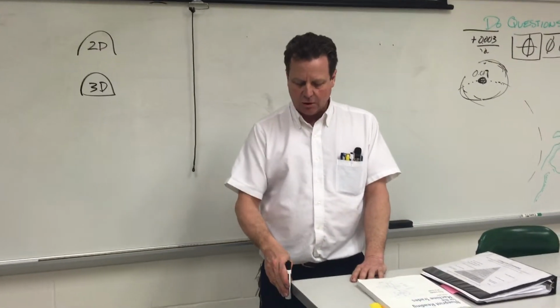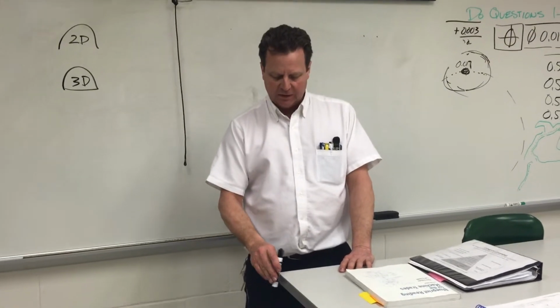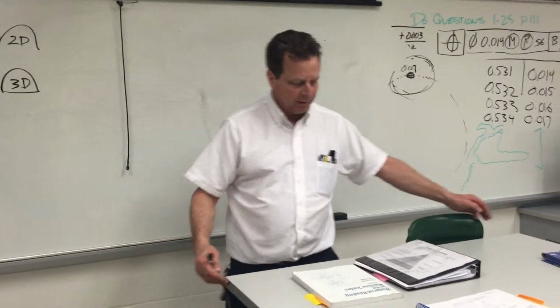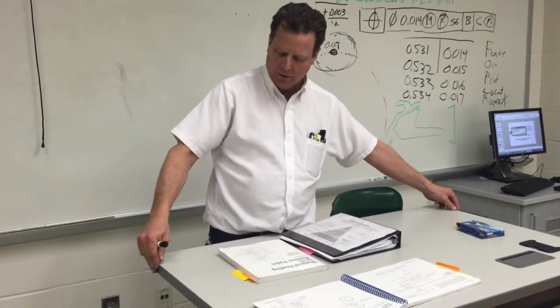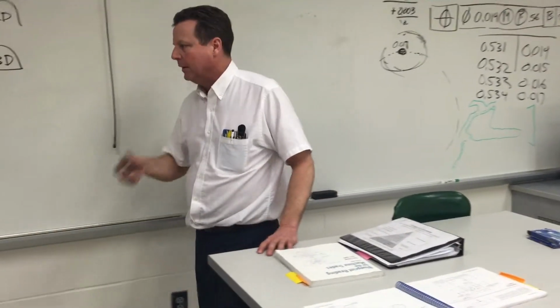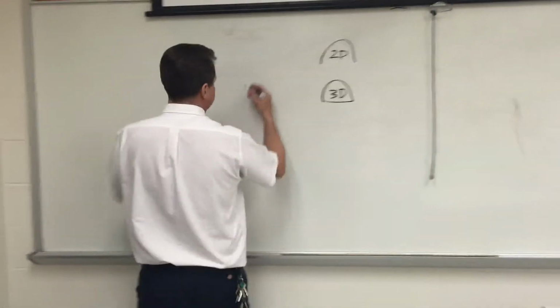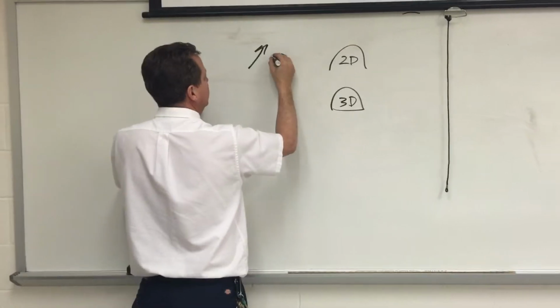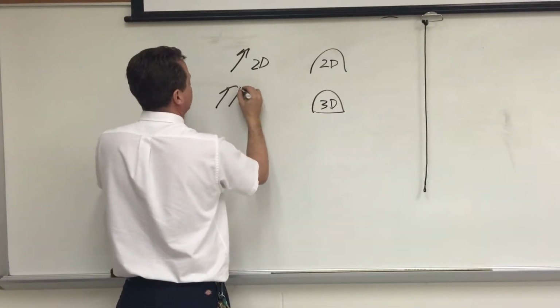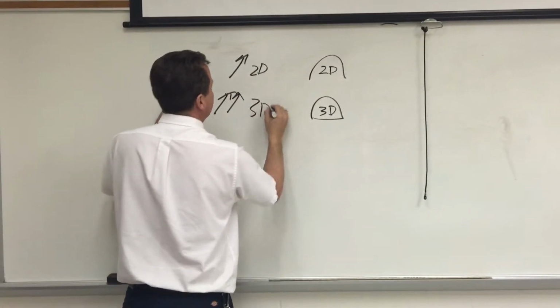These are the perpendicularity of this surface, the parallelism of this surface, and the location of the dimension inside this tolerance zone. Remember also that circular runout is a 2D and total runout is a 3D dimension.